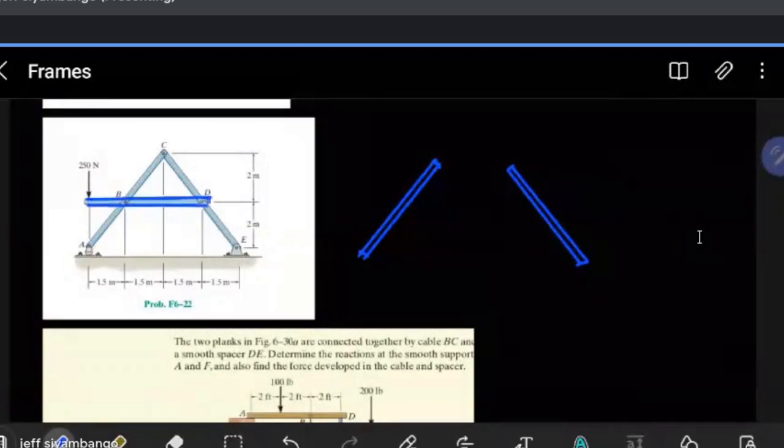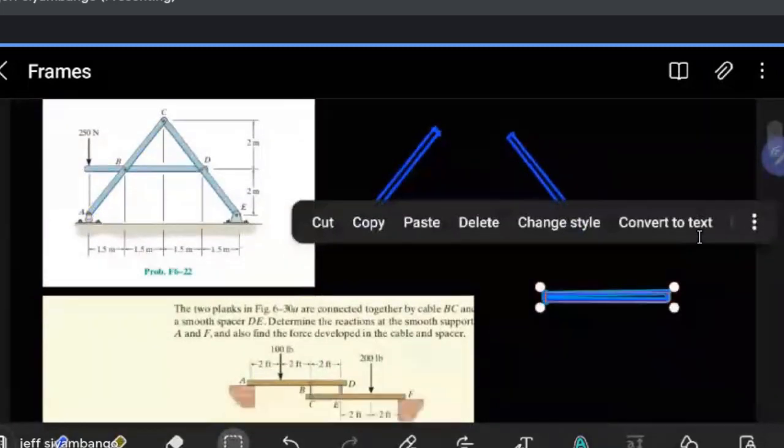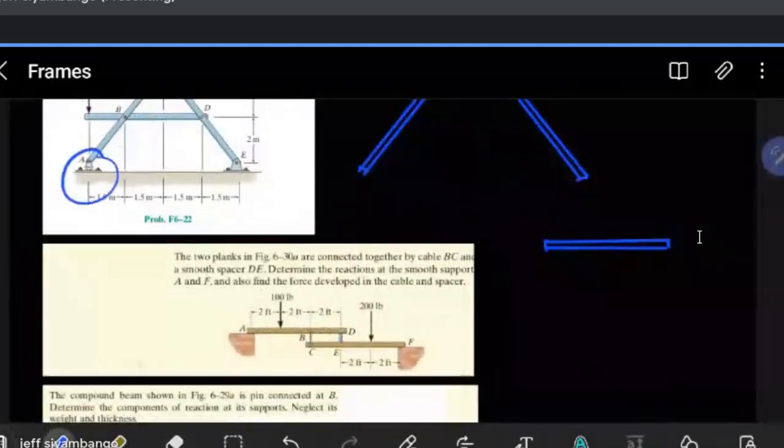So I can get this and we can place it somewhere there on its own. So after you're done, this is the approach you'll be taking literally with all the questions that we have here. You can also show the supports there, if you have to, of course.